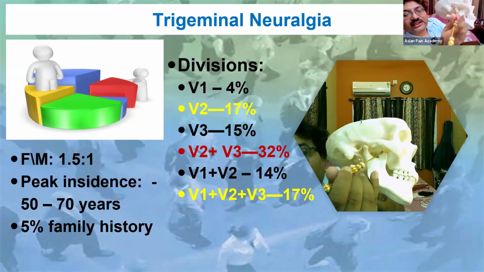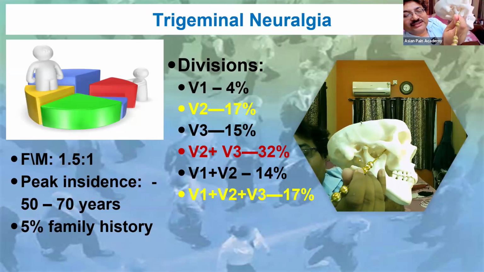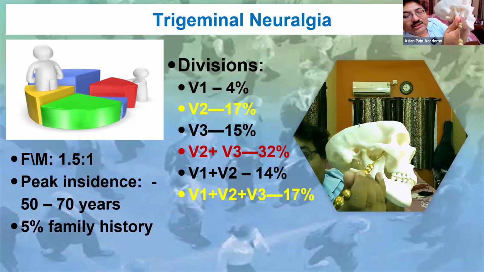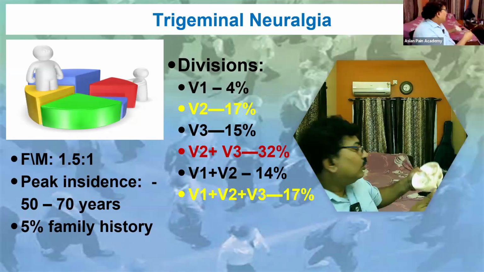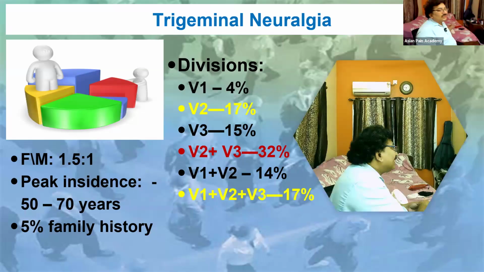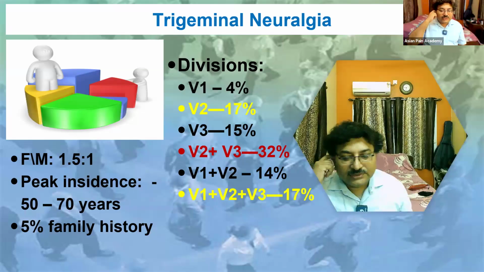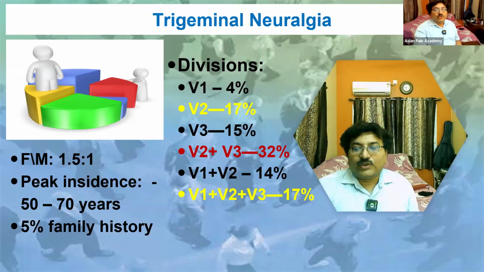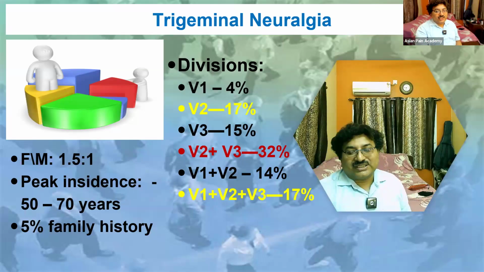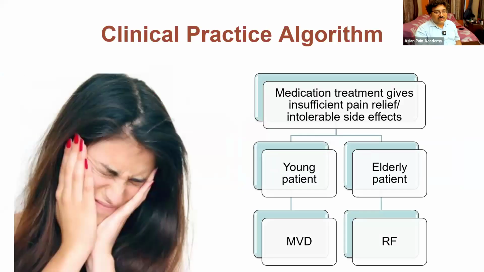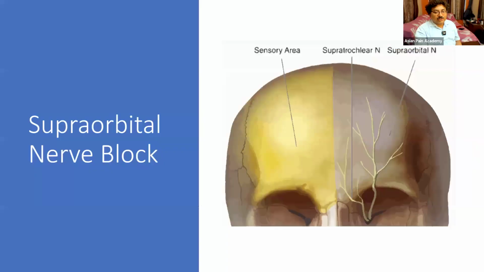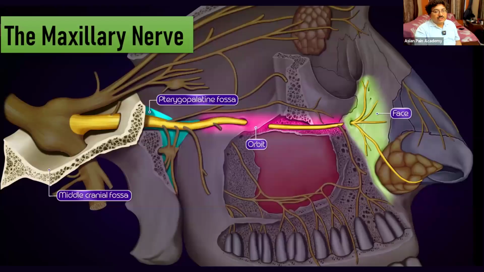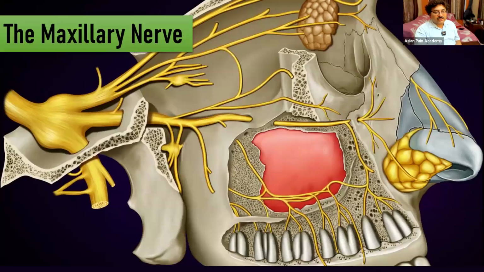So anterior to this lateral pterygoid plate, there is an opening that goes into the pterygopalatine fossa. Exactly, now I am holding it in the correct way. So we have to enter that area of the pterygopalatine fossa, and then progress our needle till we reach the lateral nasal wall. Remember, it's a deep block, and I have already told you that this is not a block that is very commonly performed, and I will show you the studies and the analysis as well.